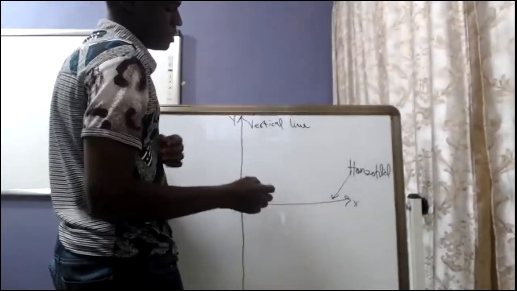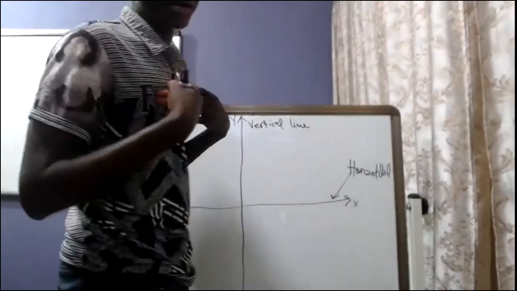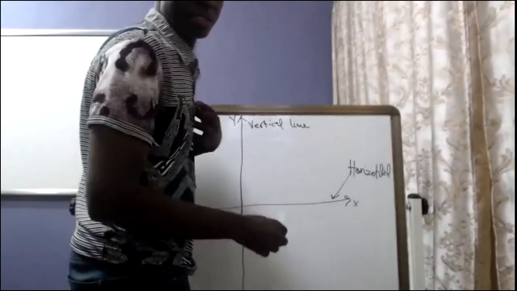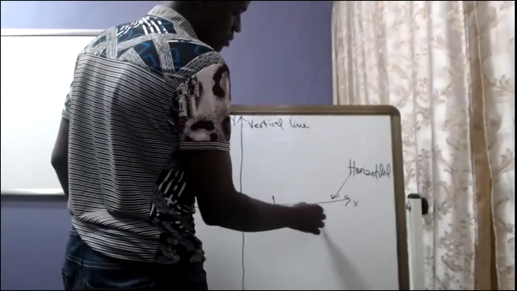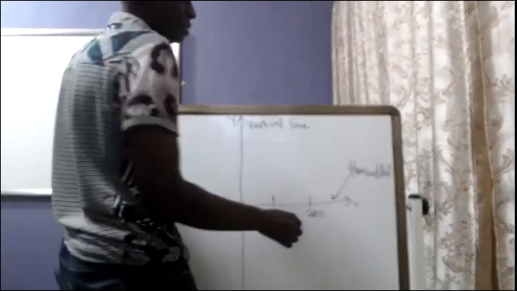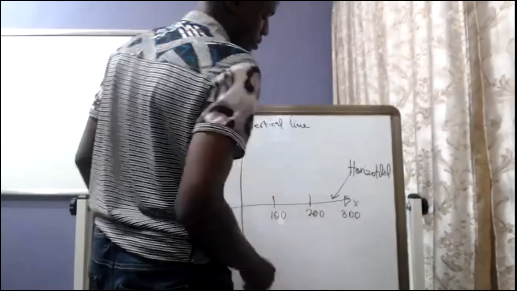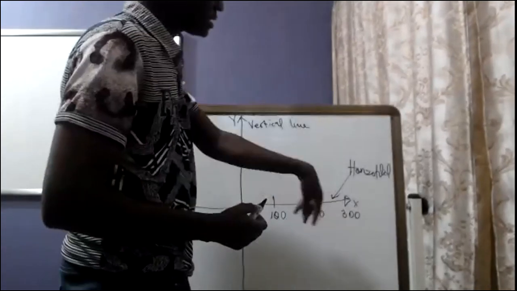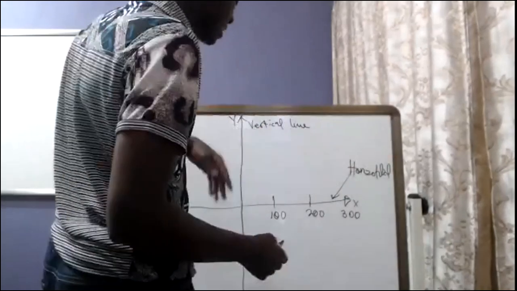Okay, so I want two numbers on my graph. I want 100, 200, okay, and then 300. Right? This is the positive side.